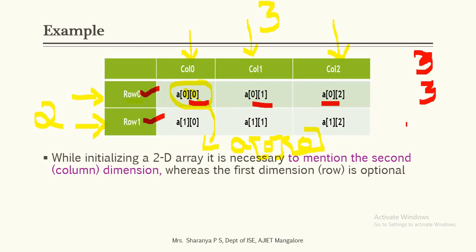That is, by mentioning the column number, we can clearly split the values that we are entering into the rows. That is why sometimes we can skip the row size, but not the column size. If we do not mention the column size, then it is not clear where to enter the next value.